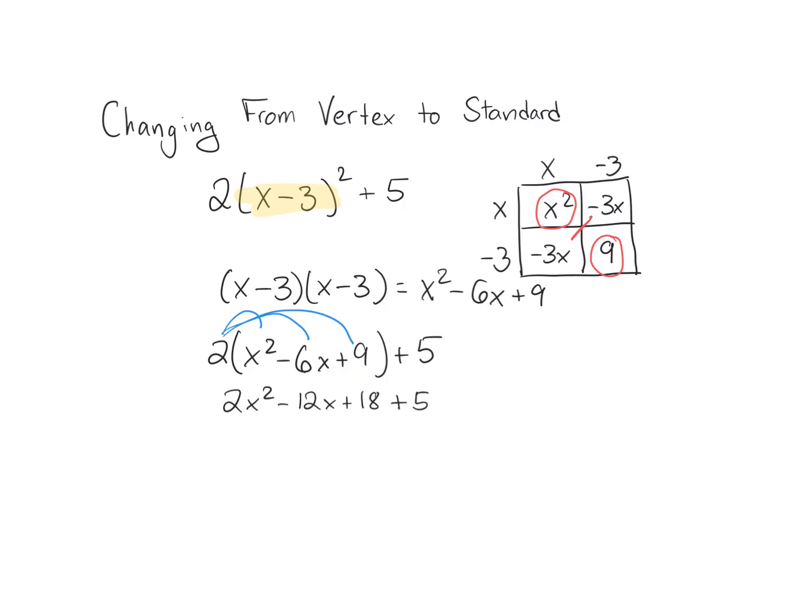And then I can finally combine those two constant terms at the end, and I'll have 2x squared minus 12x plus 23. So this is equivalent to what I started with. It's just in a different form. So instead of being in vertex form, now I'm in standard form.